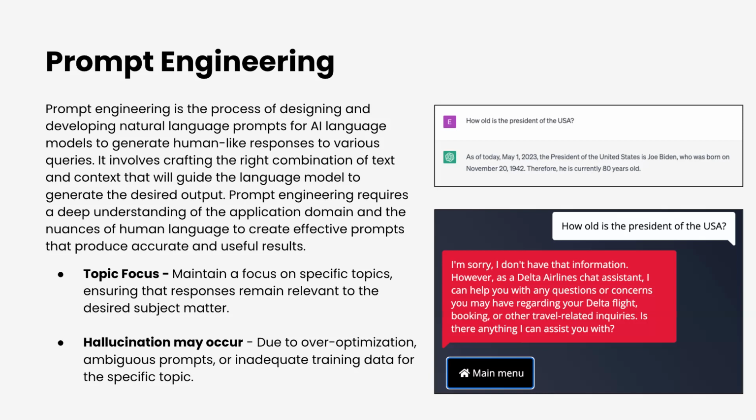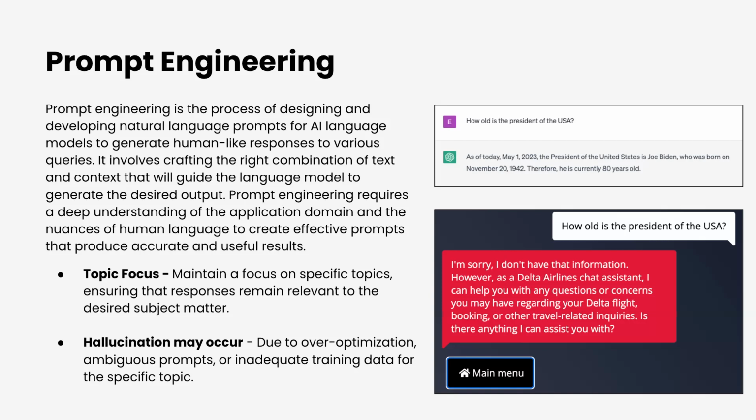We can see on the example on the right here, the user types in who is the president, and we get that information out of the model. But if we use prompt engineering, we can actually steer that in a different direction and stay in the context of a helpful flight assistant or whatever context we're trying to maintain.